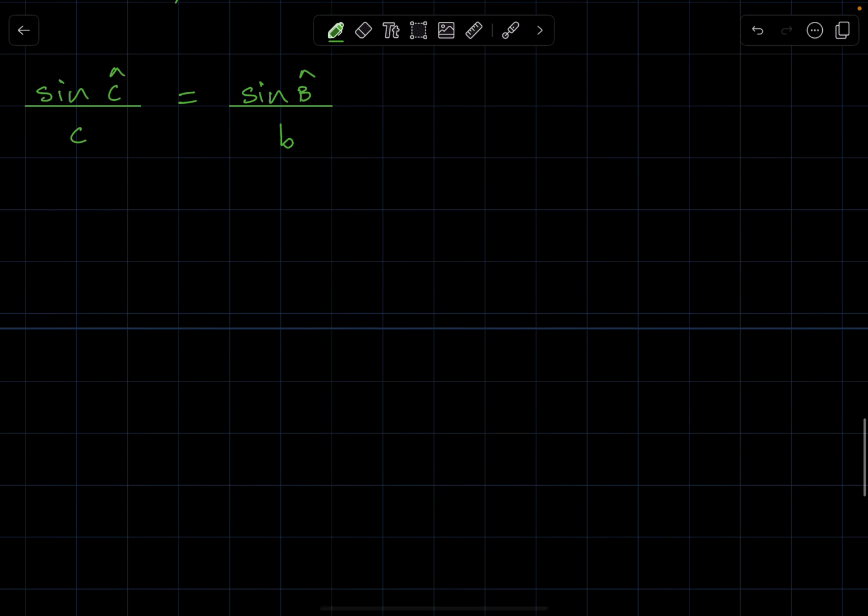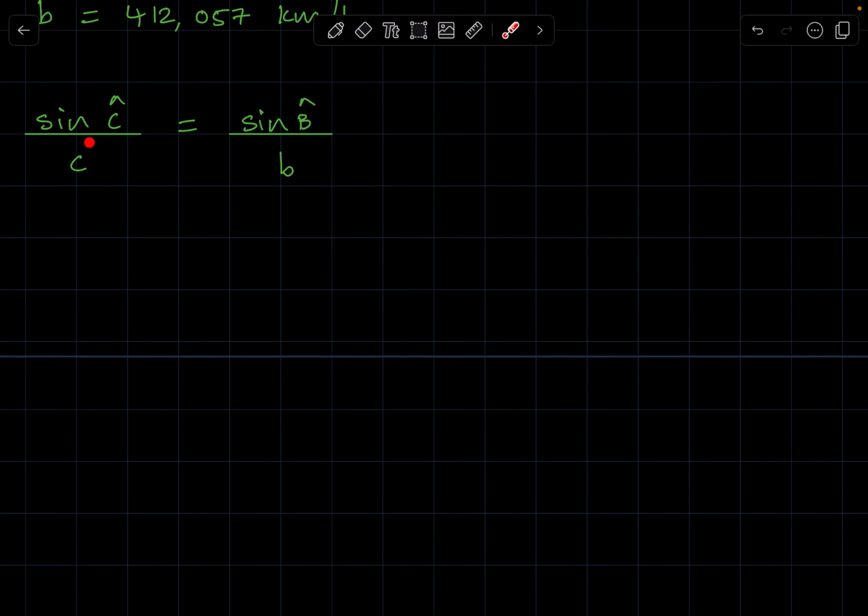So in getting sine C, you essentially multiply to get rid of this here.